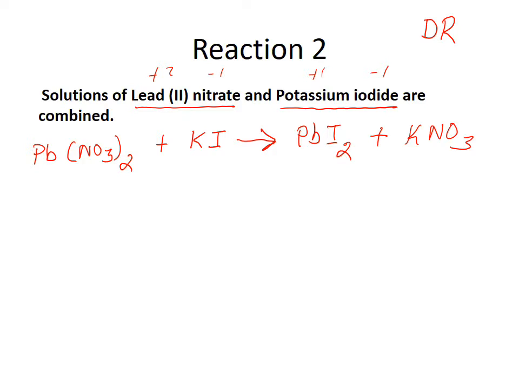Now we've got to look at balancing it. I have one lead. I have 2 nitrate groups and only 1 here, so I'm going to need 2. I have now 2 potassium, so I need 2. And that gives me 2 iodines and 2. So that will be my balanced equation that I can use later when I have to solve a mass-to-mass problem.